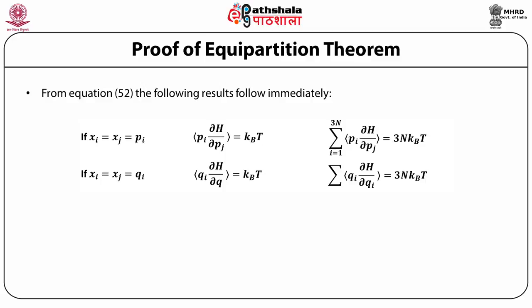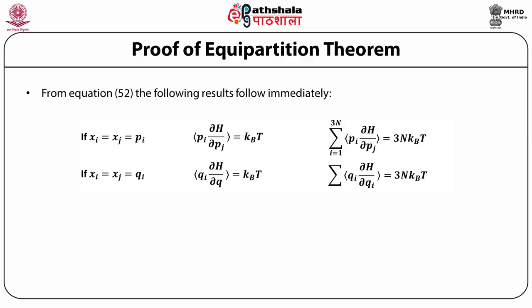If xi is equal to xj is equal to qi, the mean value of qi multiplied by the partial derivative of H with respect to qi is equal to kBT, and therefore the summation over the mean value of qi multiplied by the partial derivative of H with respect to qi is equal to 3N kBT.